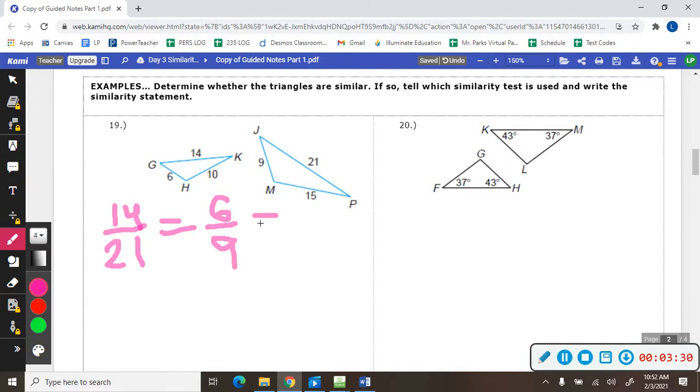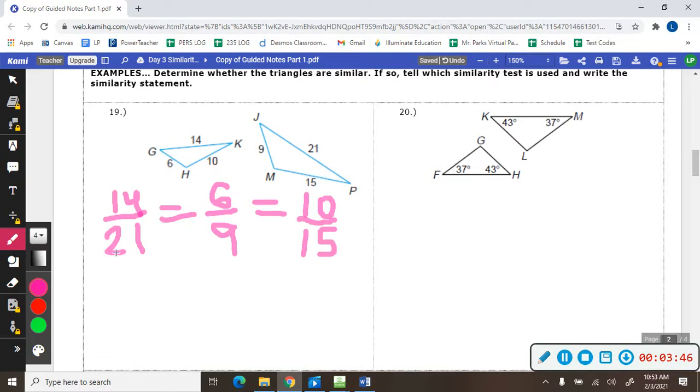And does that equal middle to middle? So that'd be what? 10 to 15? So let's check. You could type these in. If you get the same decimal 3 times, then yes, they are similar.